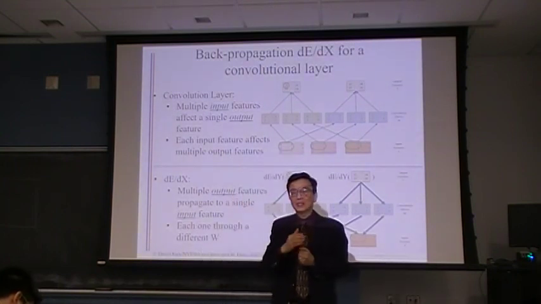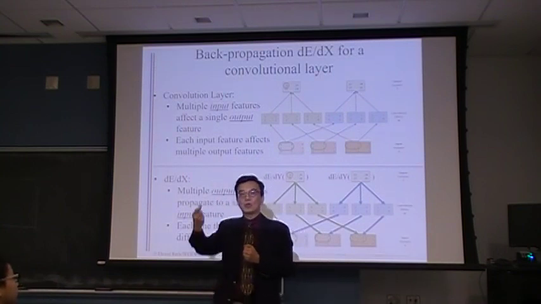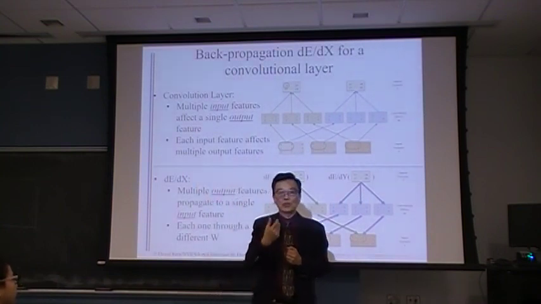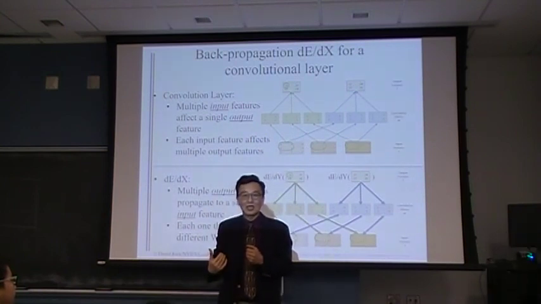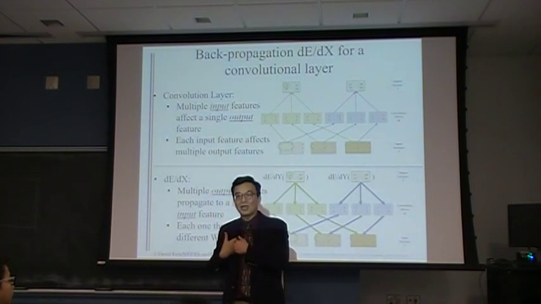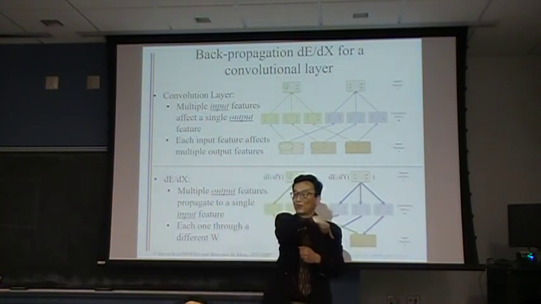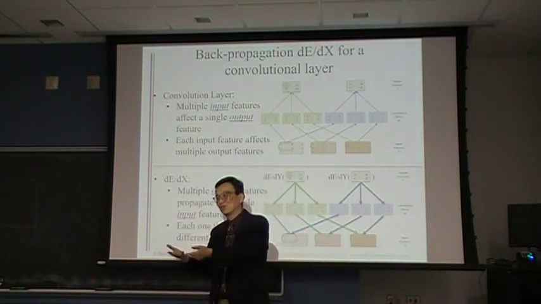So that's the obligation of each layer. You not only need to adjust your own weights, you also need to make sure that you generate delta E, delta X for yourself, because delta E, delta X for yourself is the delta E, delta Y for the previous layer. The output of the previous layer is the input to yourself.